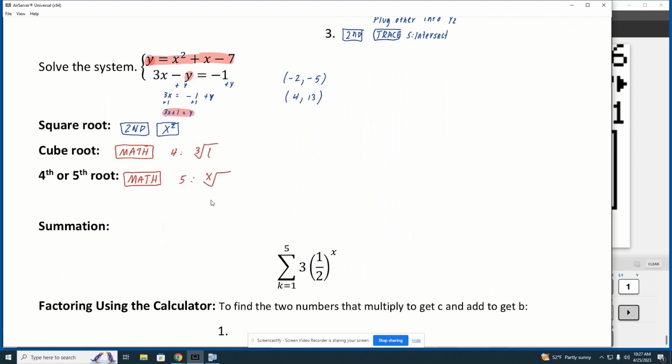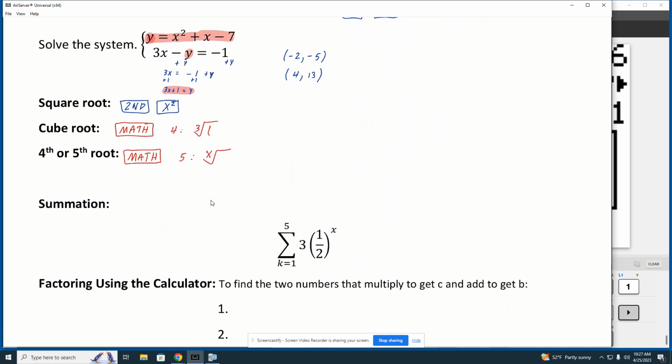Okay, last thing, summation. Y'all remember where to find summation? Alpha, window, number 2, summation. Now this was supposed to be an x right here, because whatever this variable is here has to match this variable here.